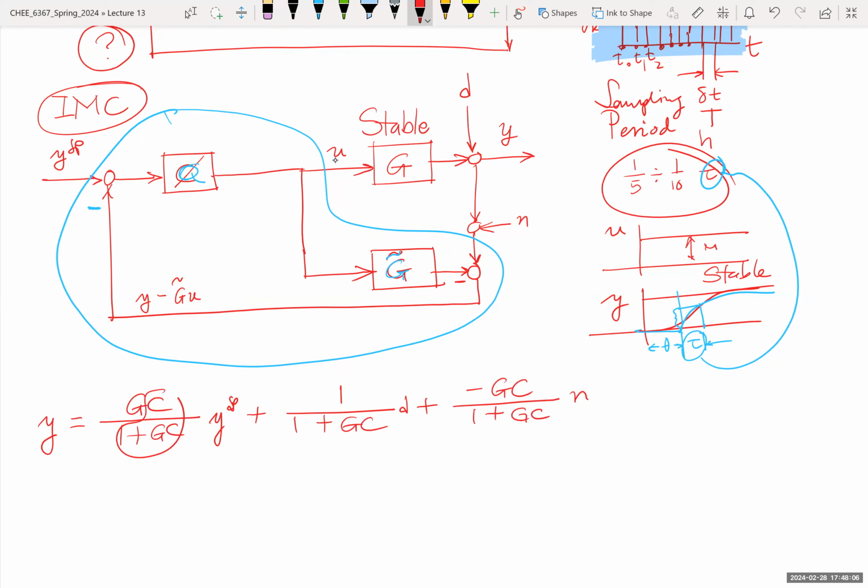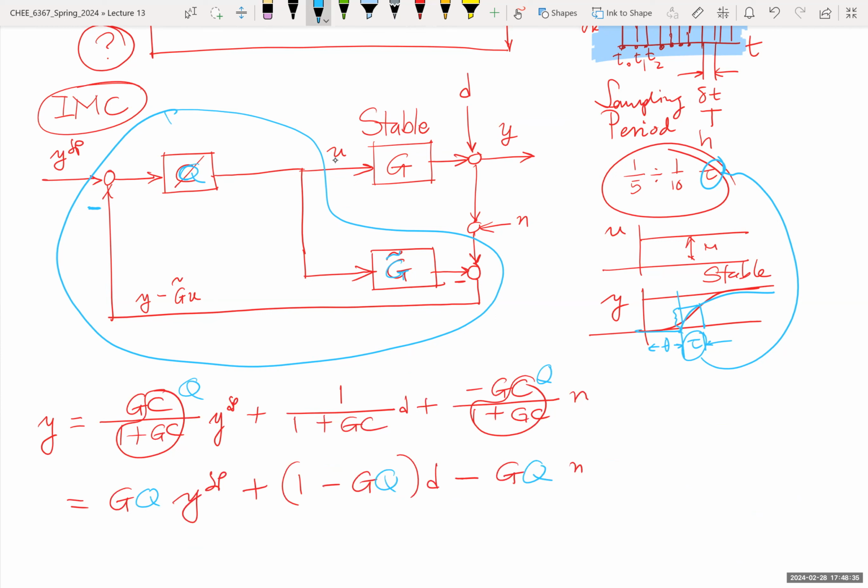And we said if we call this Q, then we can nicely represent everything in a way that presents a very simple structure which has only G and Q, and everything is in series, and stability of the closed loop.